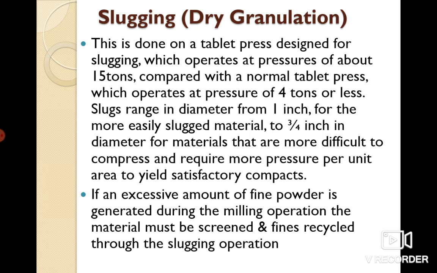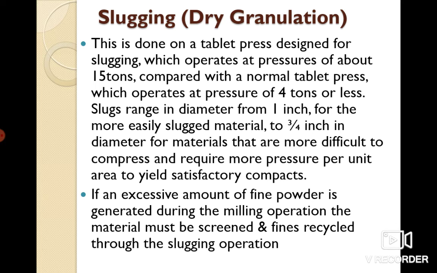A dry powder blend that cannot be directly compressed because of poor flow or compression properties can be processed by the dry granulation method, and this is done on a tablet press designed for slugging, which operates at a pressure of approximately 5 tons compared with the normal tablet press which operates at a pressure of 4 tons or less.